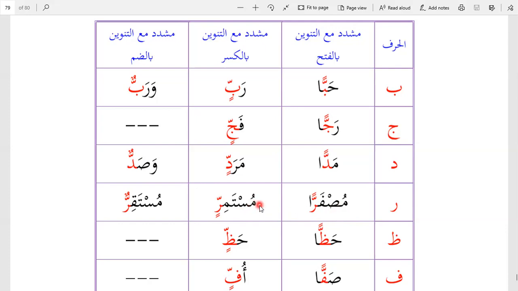Here I start with an oval shape because dhamma makes me start with the oo sound, mu. So my mouth is an oval shape, but when I get to the s sound, I have to switch my mouth to smiling. So mustamirin. If we don't do that, these two letters will sound the same.